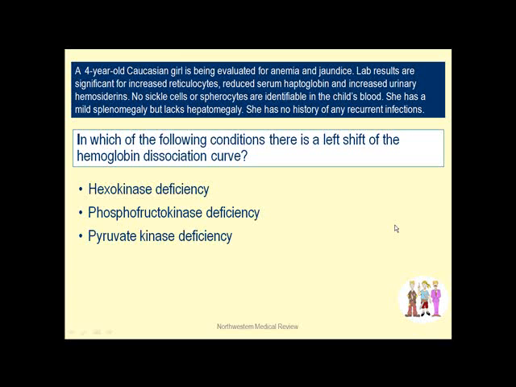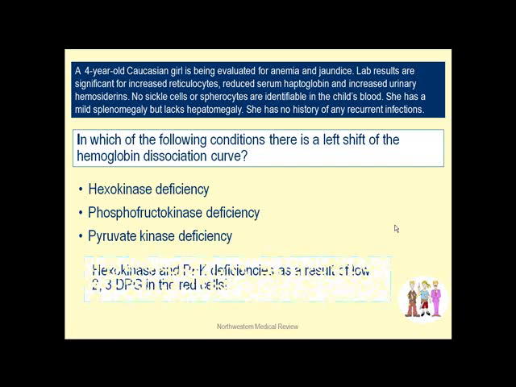In which of the following conditions is there a left shift of the hemoglobin dissociation curve? Actually, in 2 of them there is a left shift: in hexokinase and in phosphofructokinase deficiencies. The reason being, in both of these conditions, the level of 2,3-diphosphoglycerate in the red cells is low.